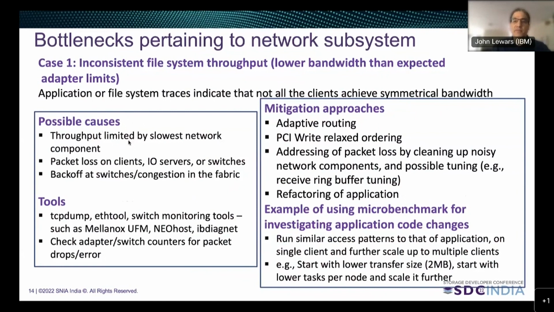The way that we would debug these kinds of issues, if we were dealing with an IP network, is typically we might use TCP dump to look at the low-level counters, ethtool, the switch counters themselves. If we're dealing with RDMA, we would look at RDMA counters, but typically we often go back to tried and true tools such as, if we were dealing with Mellanox, let's say UFM, NeoHost, or IB Diagnet to look for any kind of errors on the network.